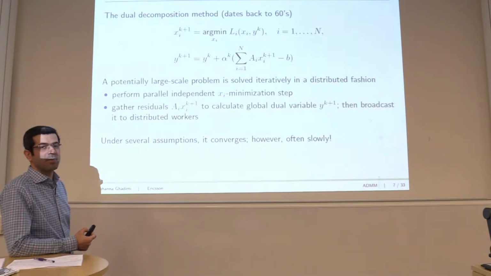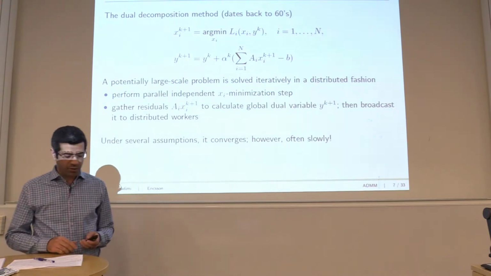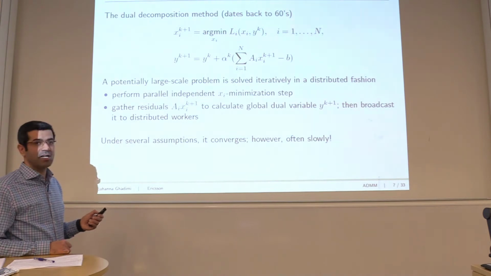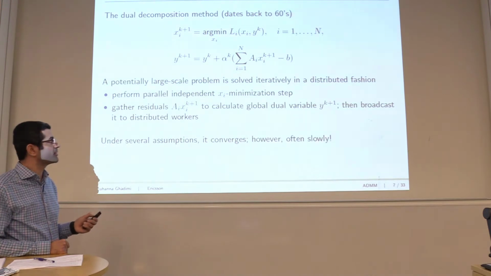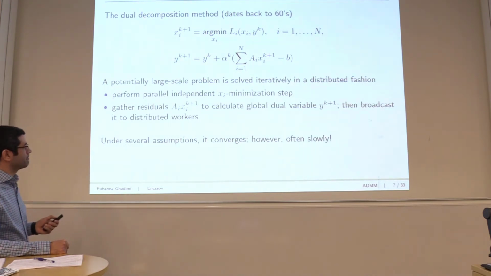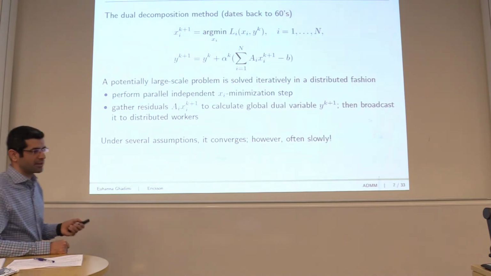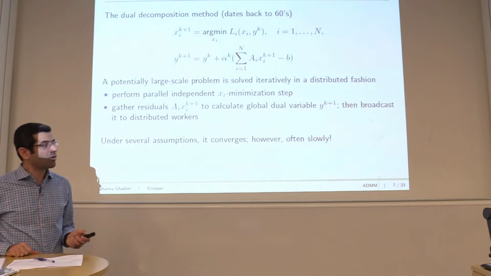So it's like a master-worker setup: the workers are calculating the xi's, and then they send their values to the master, and the master does this reduce operation, let's say, averaging it and then distributing back the yk to all workers. So you see the message. Really, the message here is that it works under certain conditions, but often very slow.